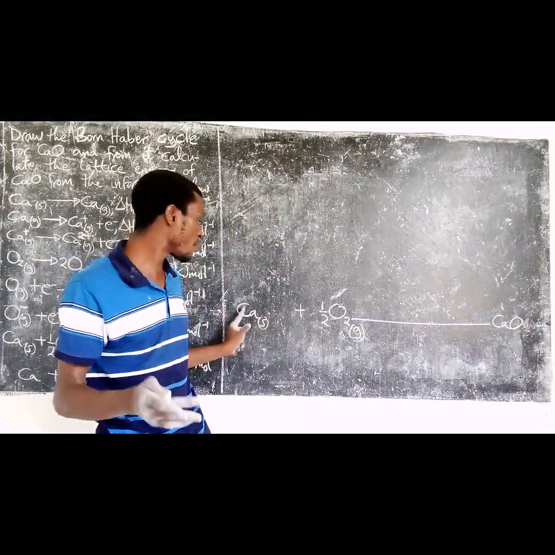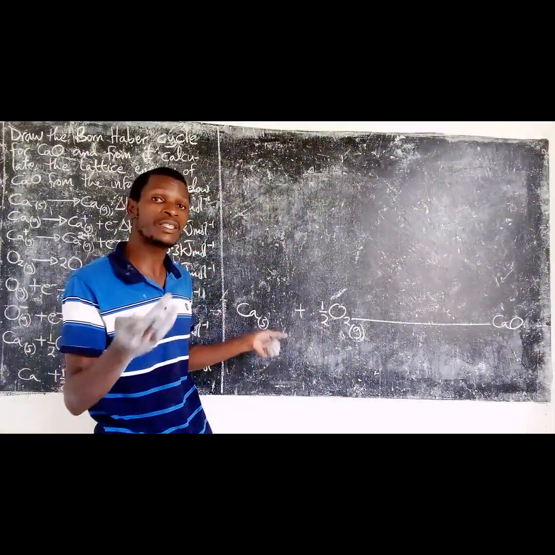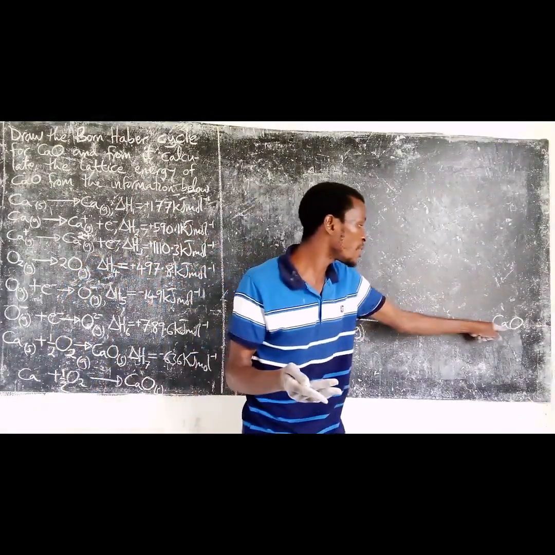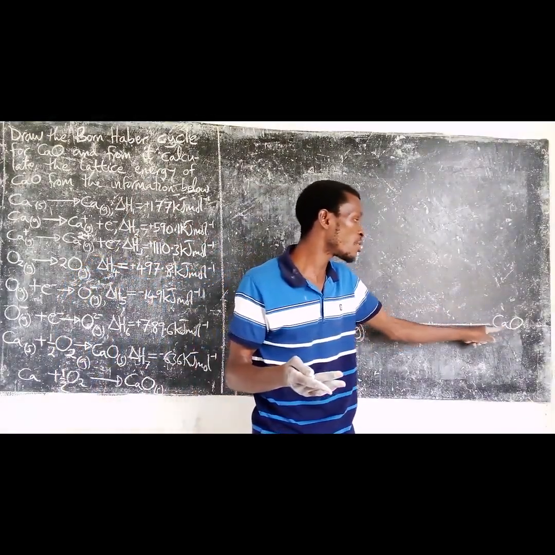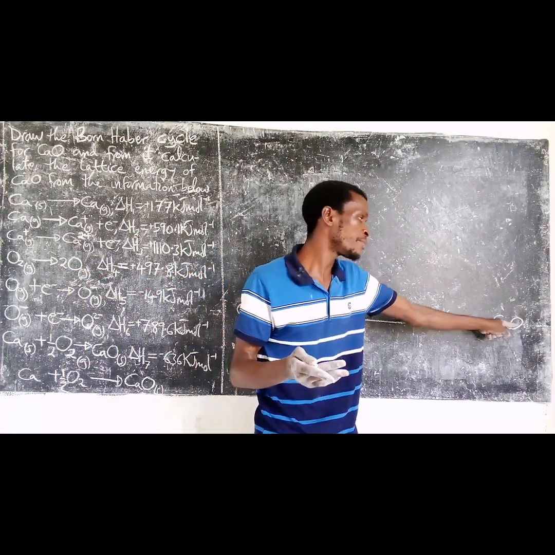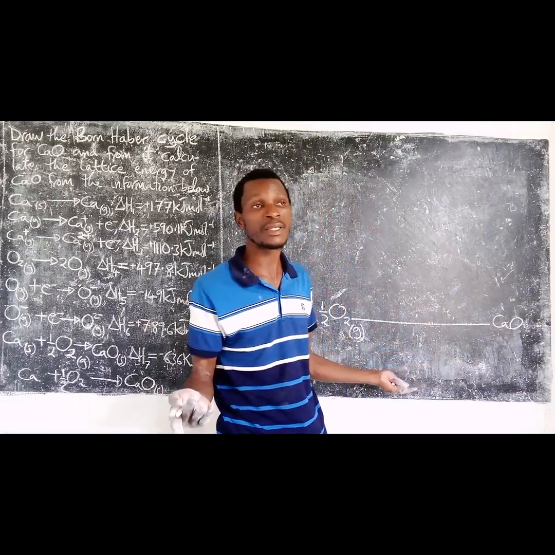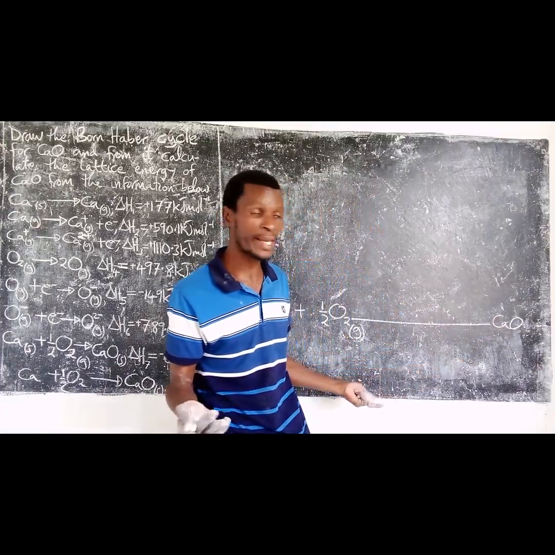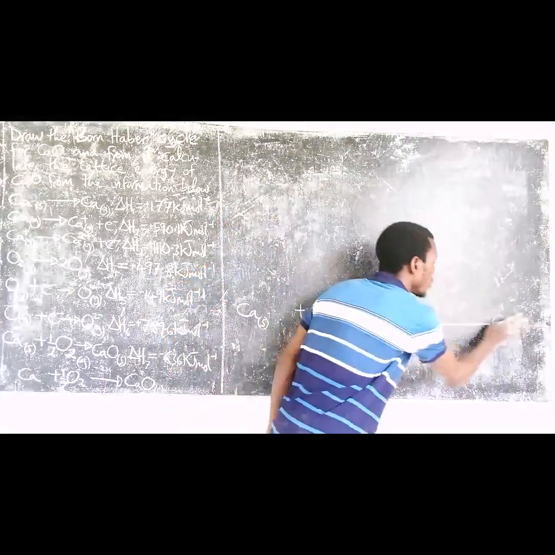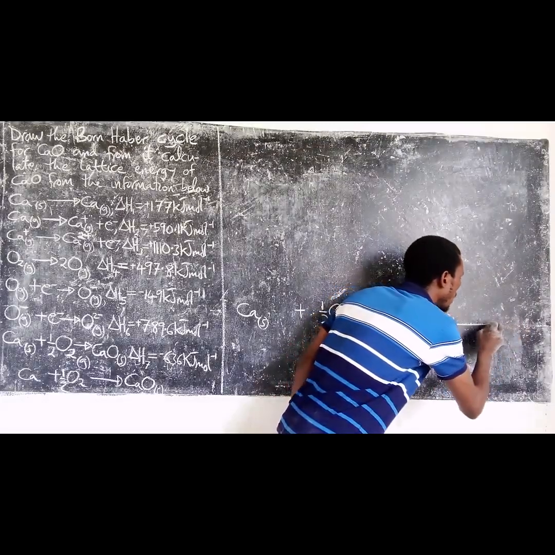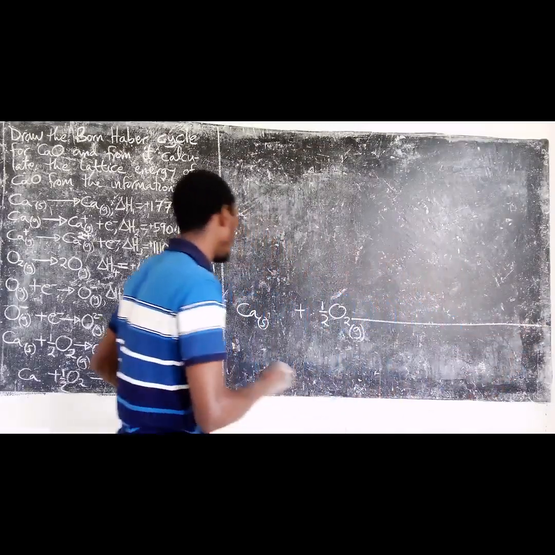The heat of formation of the reacting elements is 0. So writing this product in front of this line indicates that its heat of formation is 0, which is not true. So don't write the product in front of this horizontal straight line.